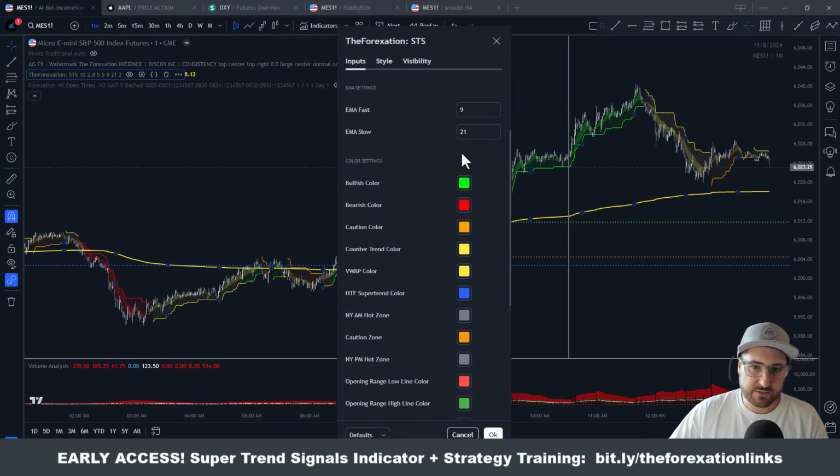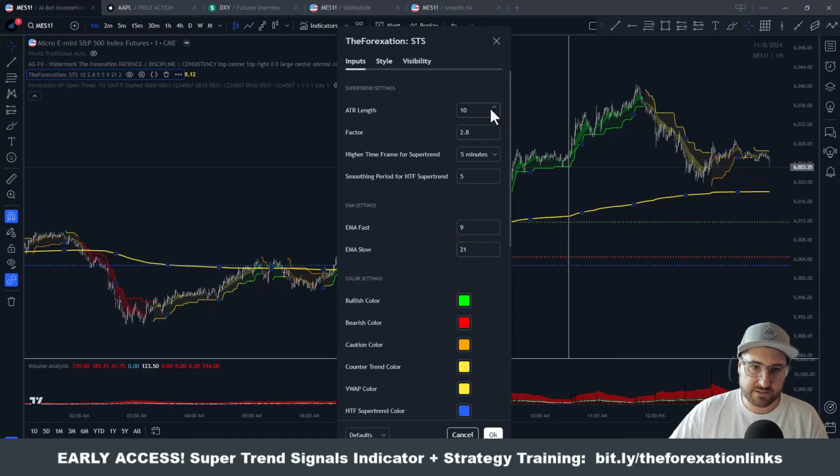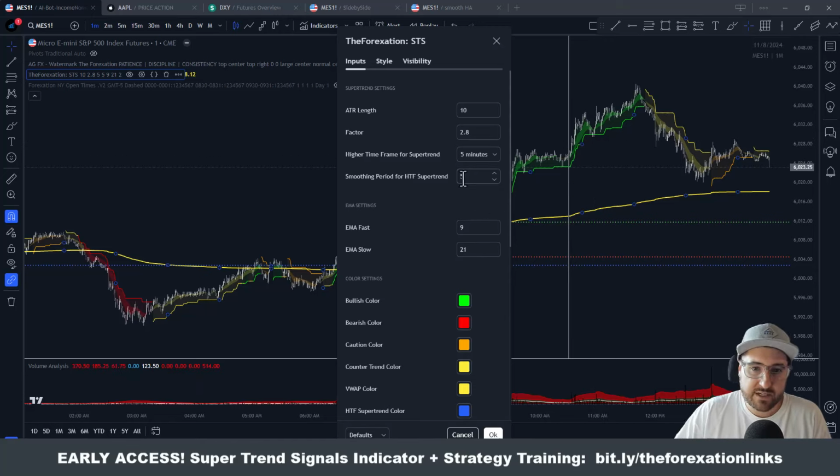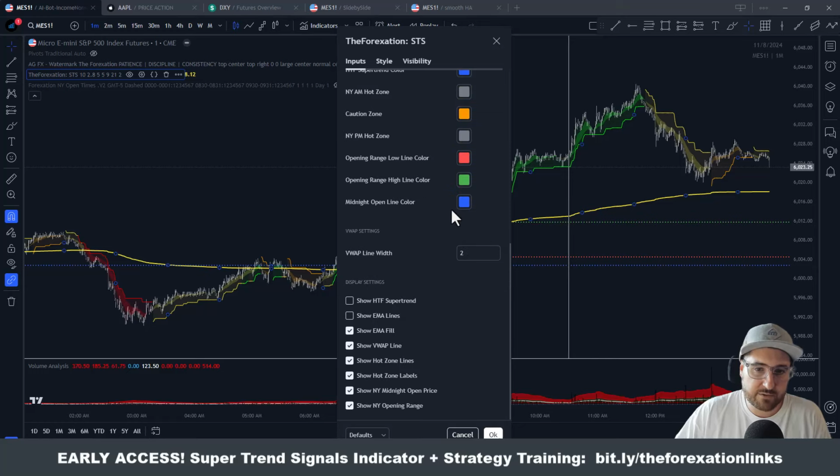You could customize all the colors. You could customize the ATR length, the factor of it, and where that higher time frame super trend, that blue line I turned on earlier, what time frame is that coming from? So we could reference higher time frame trends and make sure we're in sync with that higher time frame trend. You could customize the EMAs, the smoothing period of that higher time frame, all the colors, VWAP line.